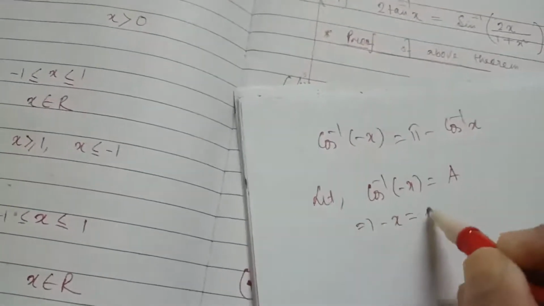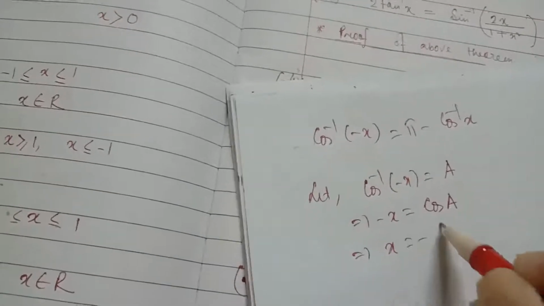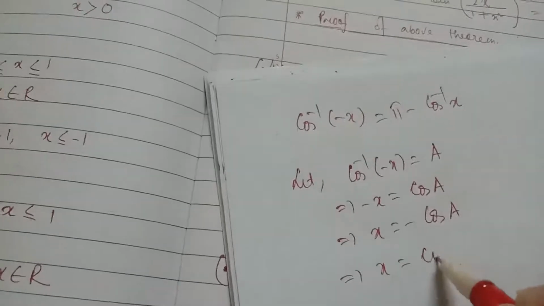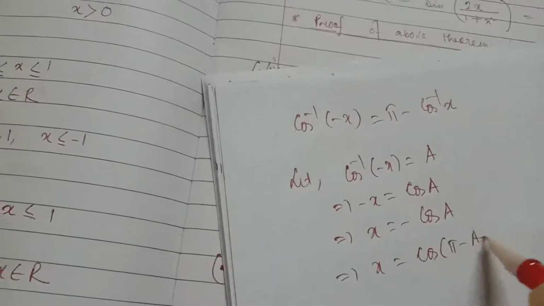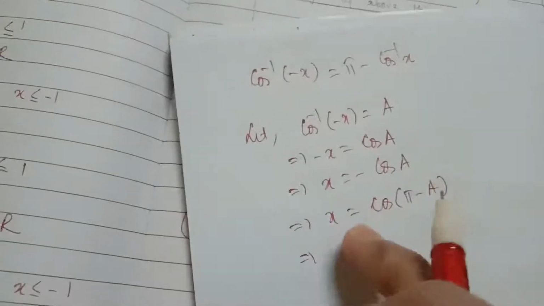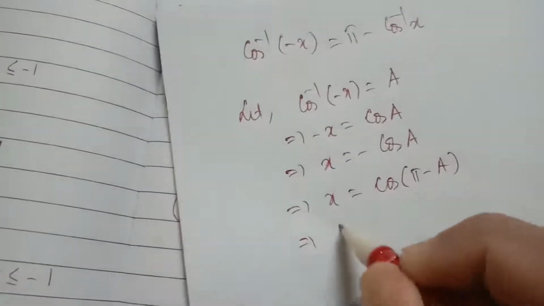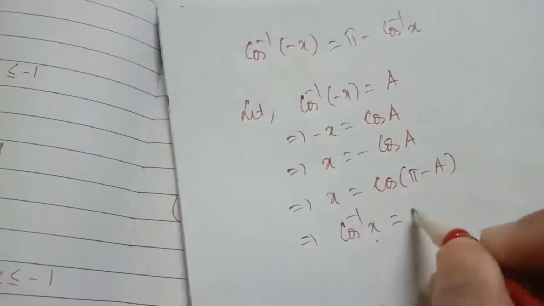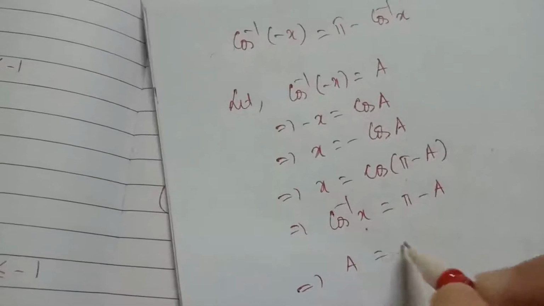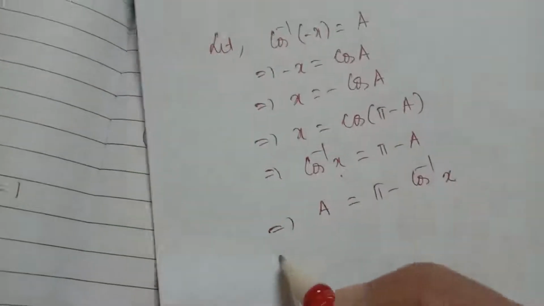Then minus x is cos of a, x equal to minus of cos a, x equal to cos of pi minus a, since cos of 180 degrees minus a is equal to minus of cos a. So cos inverse of x is equal to pi minus a. a is pi minus cos inverse of x.